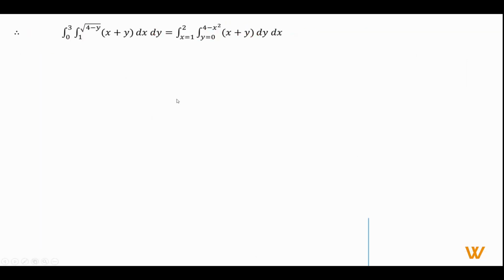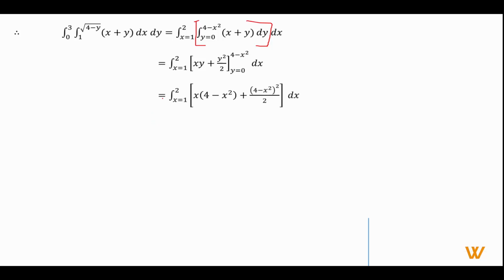Now evaluate this integration. Integration limit x varies from 1 to 2, y varies from 0 to 4 minus x square, x plus y dy dx. First integrate this bracket, integration limit x varies from 1 to 2. Now this is integration with respect to y. Therefore x is a constant and integration of dy is y. So x into y plus, second term, integration of y is y square by 2, and y varies from 0 to 4 minus x square, dx.